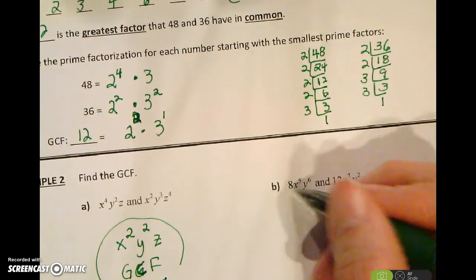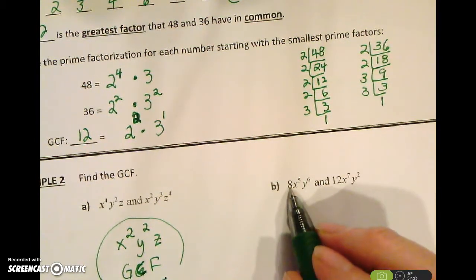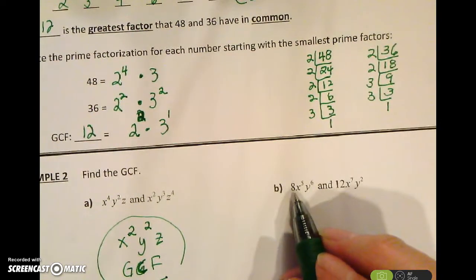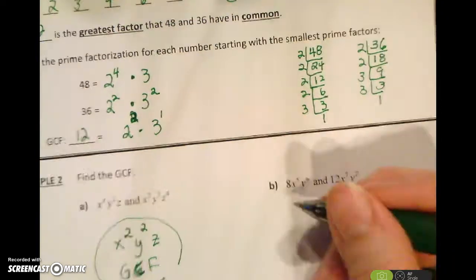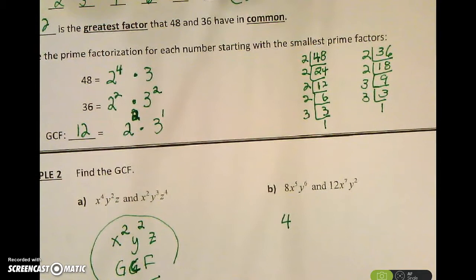Then for 8 and 12, now we're going to have to go back a little bit. I'm looking for the biggest factor that's in common for both of these. 8 would be the biggest possible, but it won't go into 12. So the next number that goes into 8 is a 4, and 4 will go into 12. So 4 is the greatest common factor for 8 and 12.